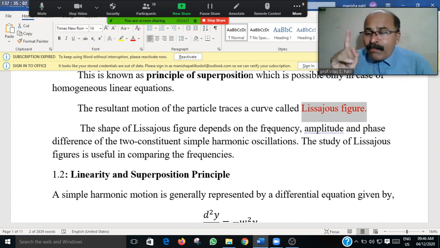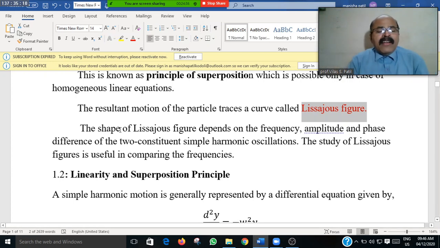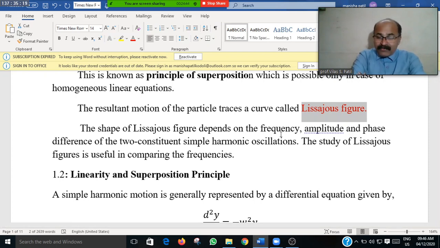The Lissajous figure is the path performed by the particle under the superposition principle. The shape of the Lissajous figure depends upon the frequency, amplitude, and phase difference of the two constituent simple harmonic oscillations.